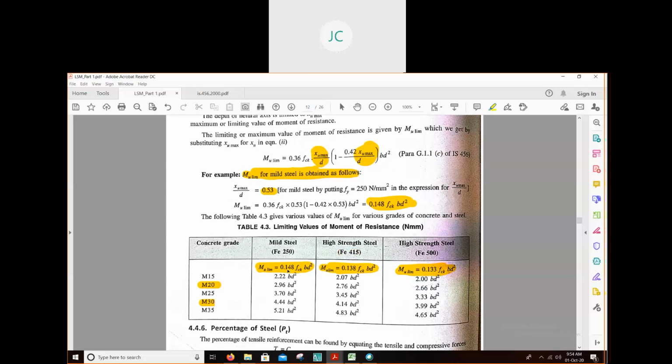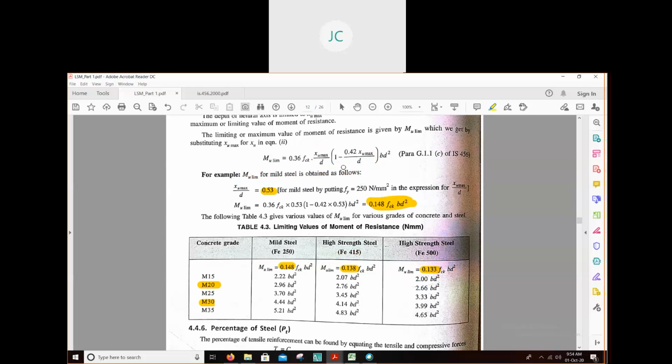Okay. So if you are finding it very difficult, I will give you one simple trick to remember this. Just remember this value: 0.148 for Fe250, 0.138 for Fe415, and 0.133 for Fe500.